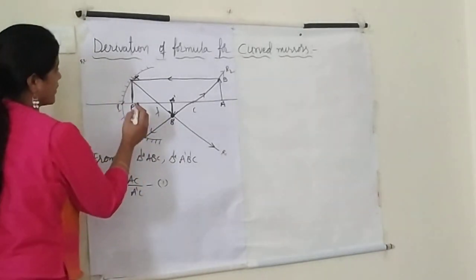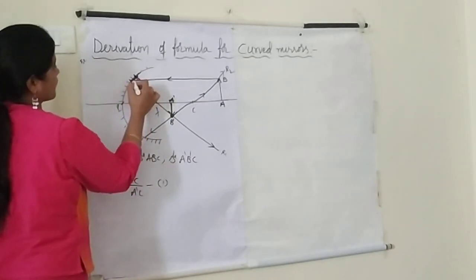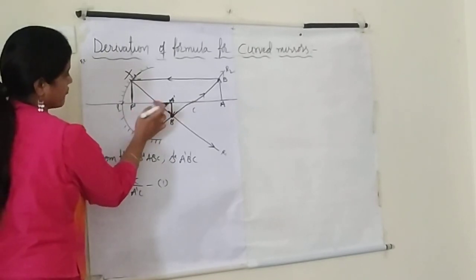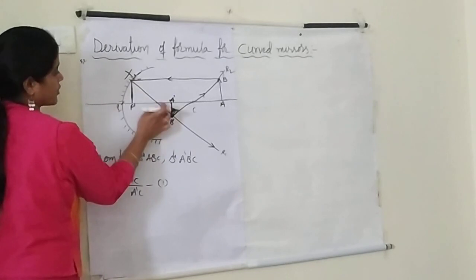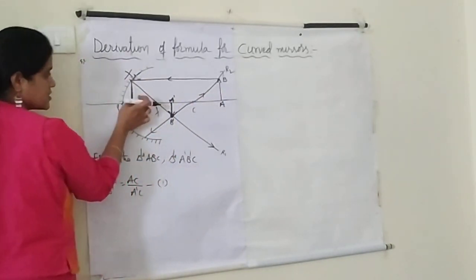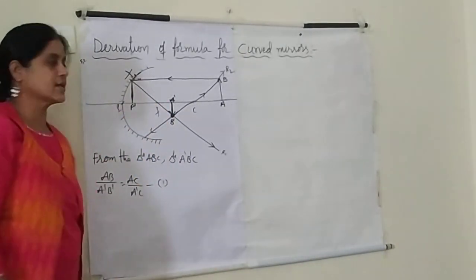When you observe here also, you are getting 2 triangles: X P dash F and F A dash B dash. We got these 2 triangles. This is one pair of similar triangles, and from this side you are getting another group of similar triangles.